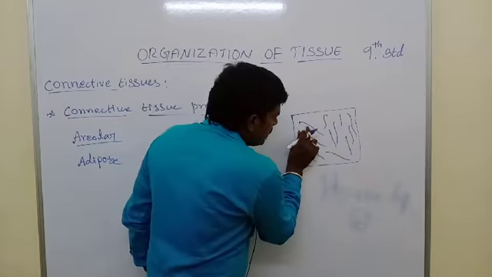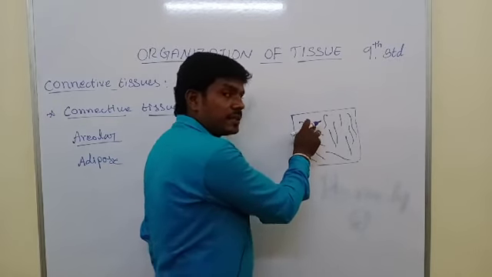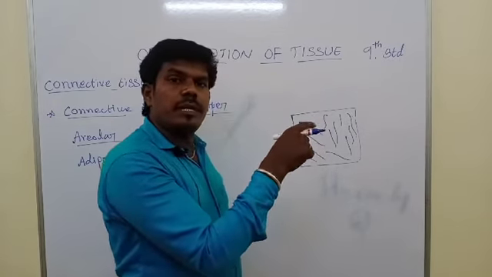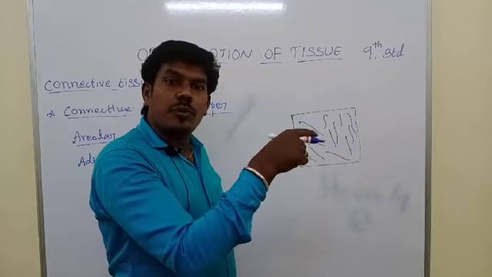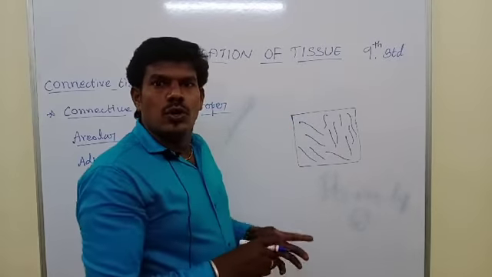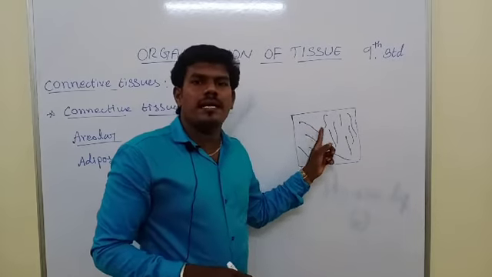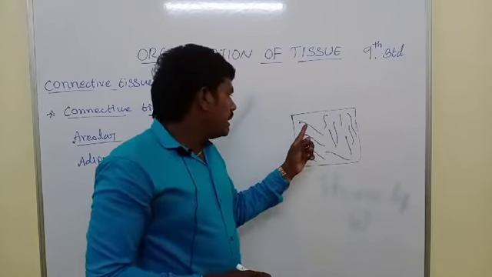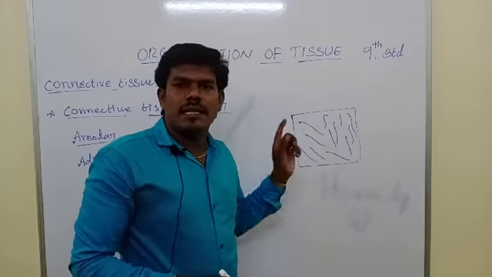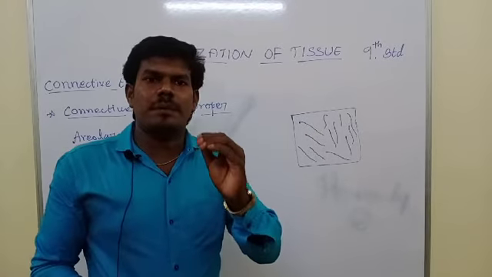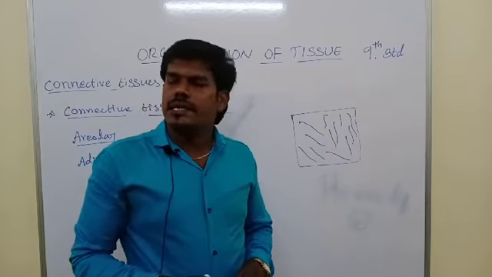Before that, you know connective tissue means intercellular substance is present, which is the matrix. So loosely arranged means they are present inside the matrix substance, in the intercellular space, in a semi-fluid.